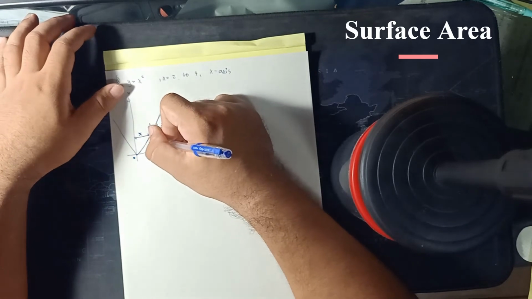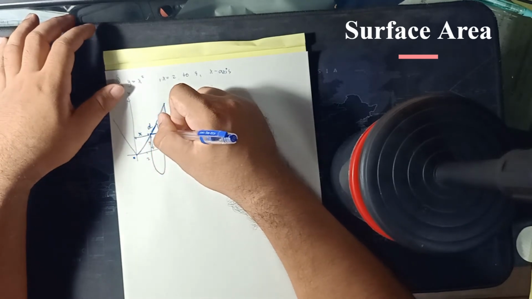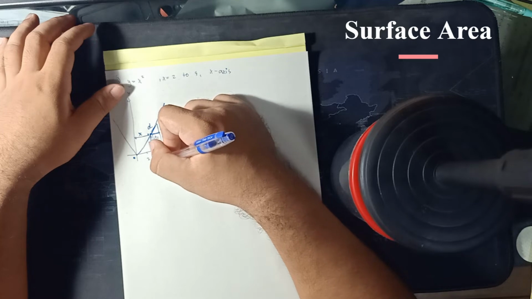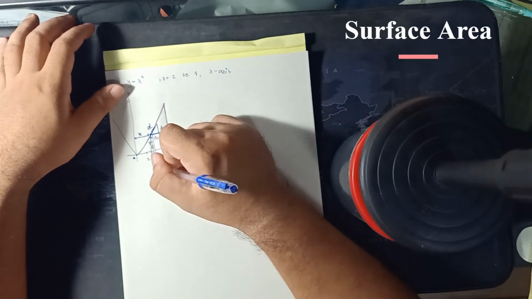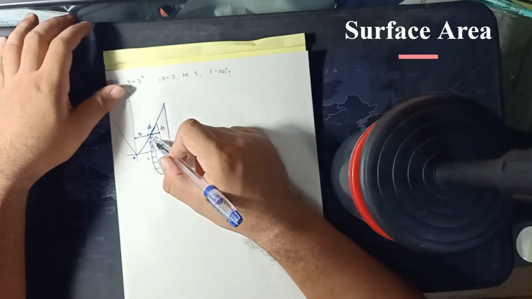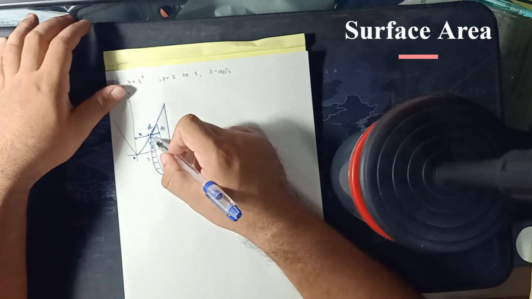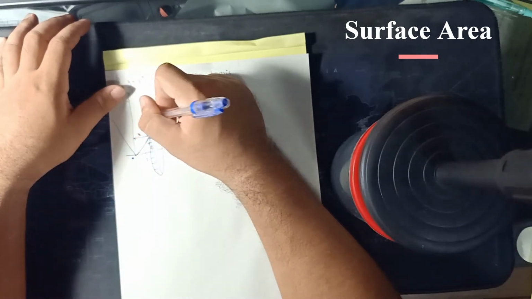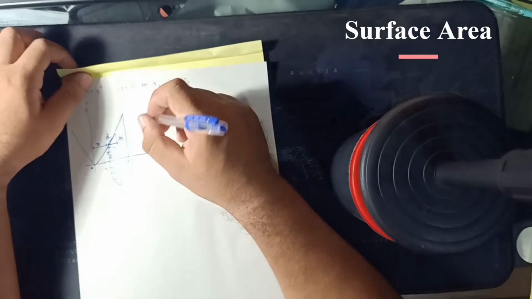So now if you plot in the surface area, this is the strip here. Your strip would be now your dx, or your dL.